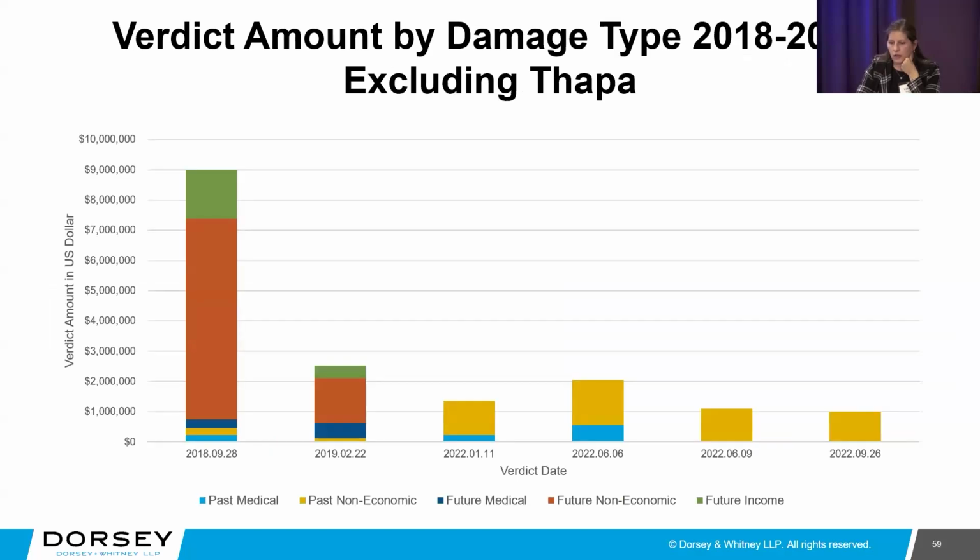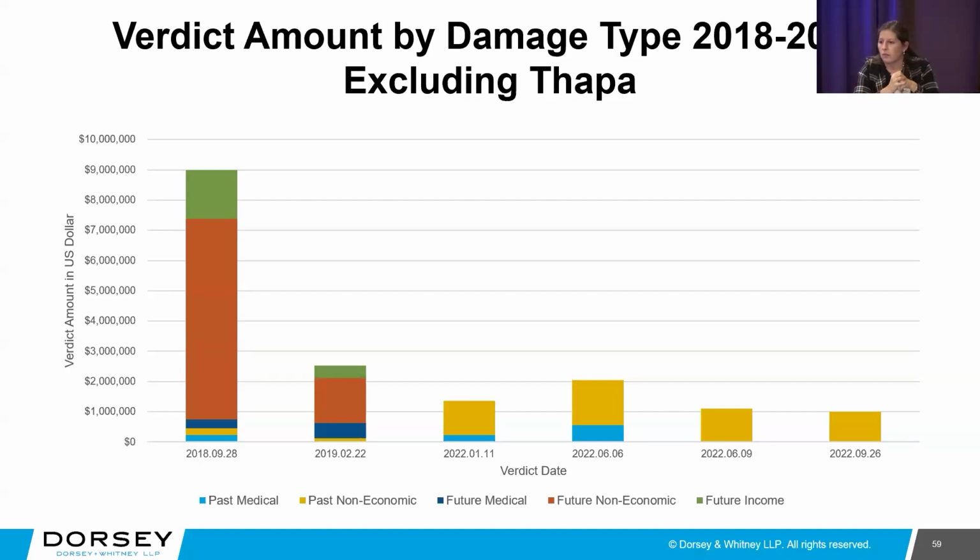So we took a look at the Minnesota verdicts excluding THAPA. It's a little bit easier to read. I think future non-economic damages are still a driving force in some of them. In that 2018 case, which involved an infant, we also see some future income loss was a good portion of that jury verdict, which makes sense given the facts: an infant would have had their whole life in front of them.